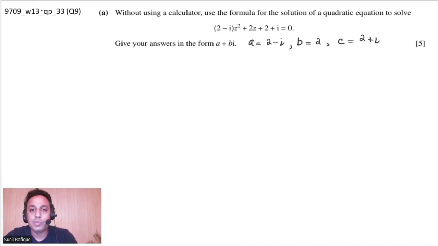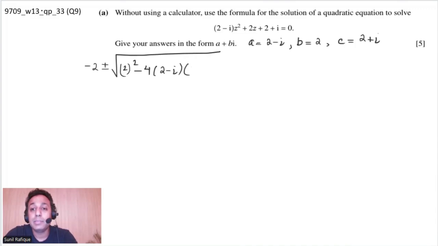So I need to use the formula for the quadratic equation. So this will be minus b plus minus, let's do this one, b squared minus 4ac, and divide the whole thing by 2a, 2 minus i.